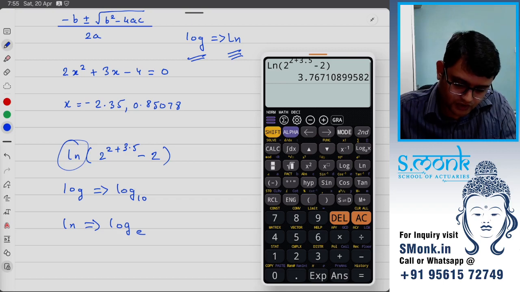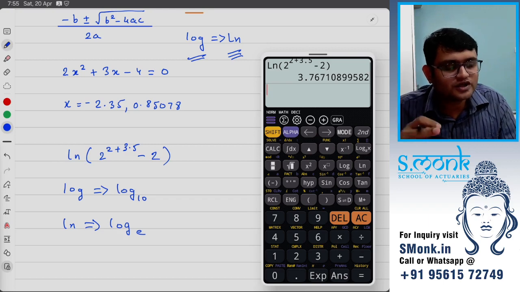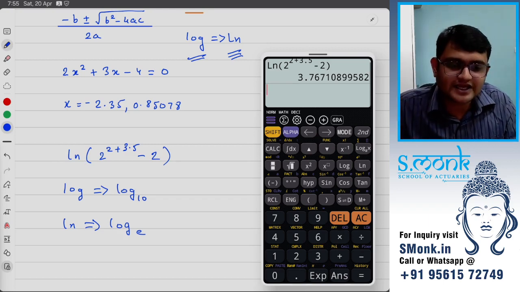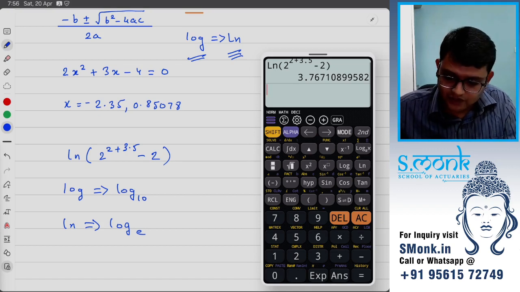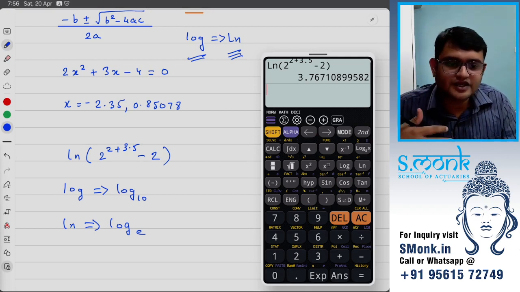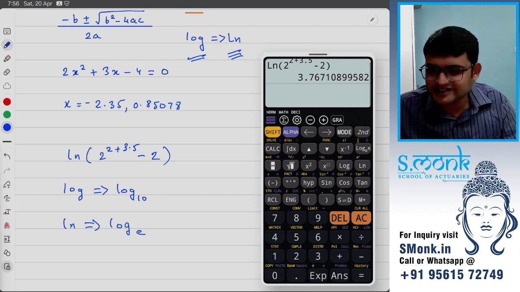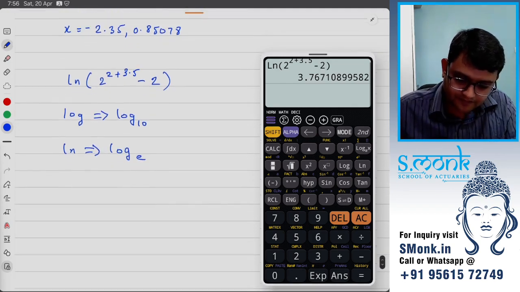So there is a difference between log and ln in the calculator, whereas in your books, whenever they write log, they actually mean natural log, that is ln. So anyways, as you start practicing, you will realize it, and either you write log and press ln here, or you can just write ln both places. It will not matter.